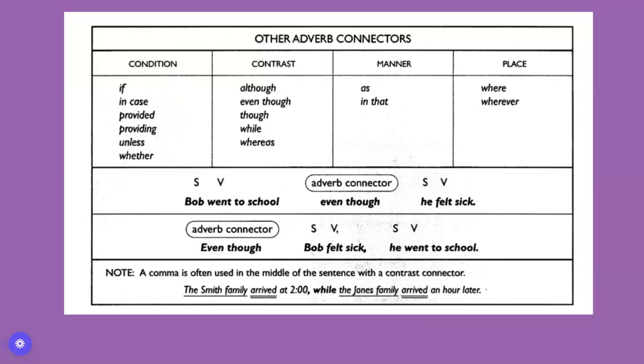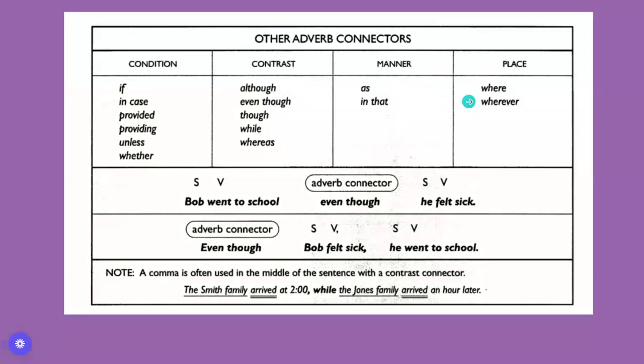I went to the movies, but there were no more tickets. Also although, even though, while, whereas. And we have others that show manner, a way: as, in that. And these, on the other hand, show place: where or wherever.